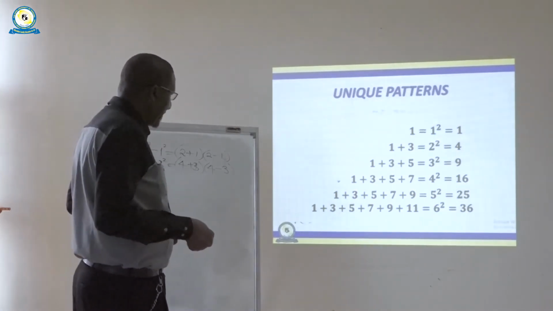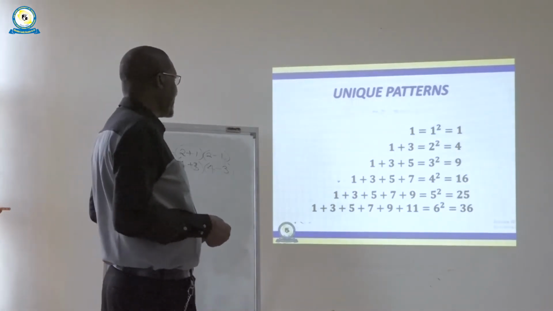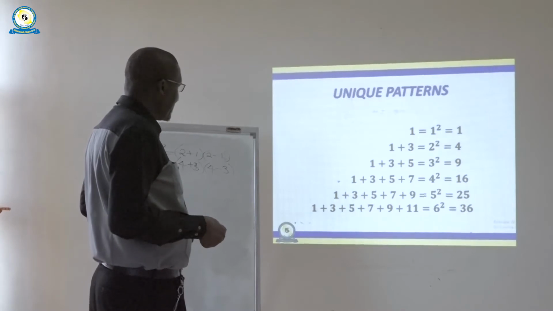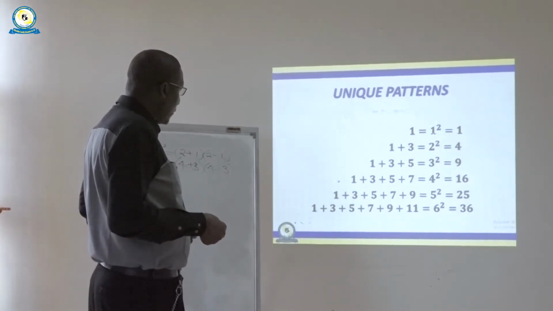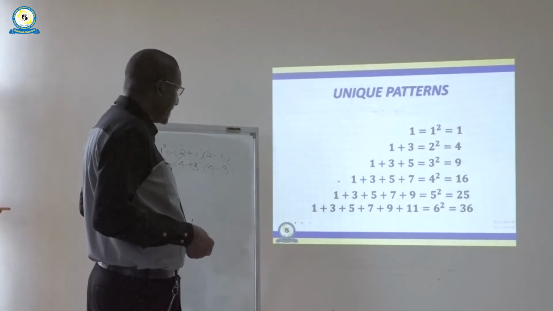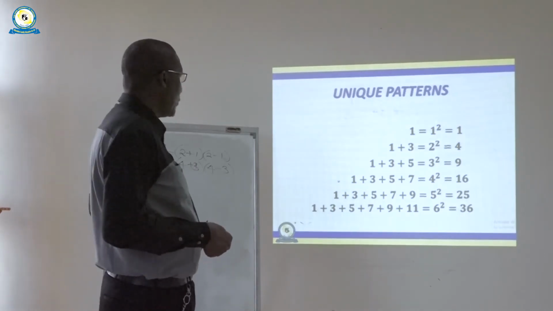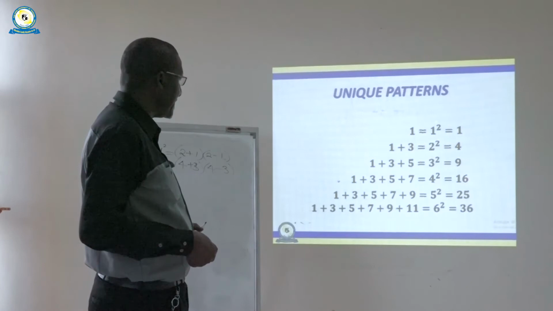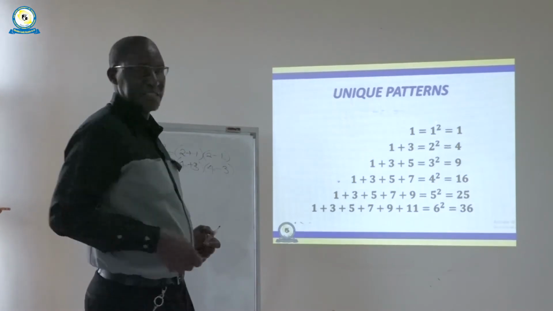In the end, you find that the results are the squares of the numbers 1, 2, 3, 4, 5, and 6, which are 1, 4, 9, 16, 25, and 36.